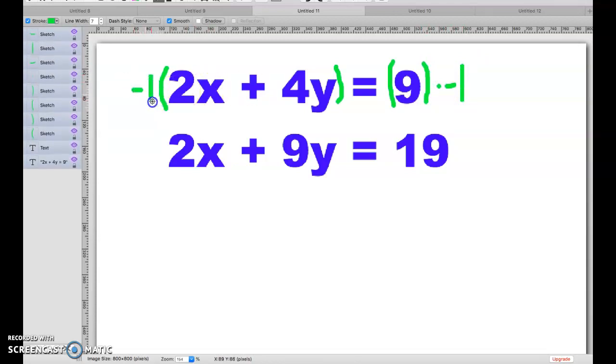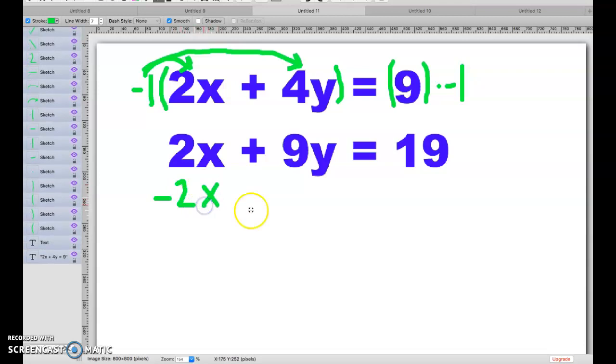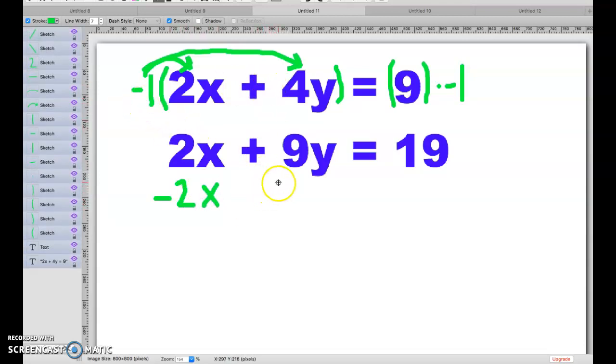So let's distribute negative 1 times 2x and then negative 1 times 4y. Negative 1 times 2x is negative 2x. Negative 1 times 4y is negative 4y.